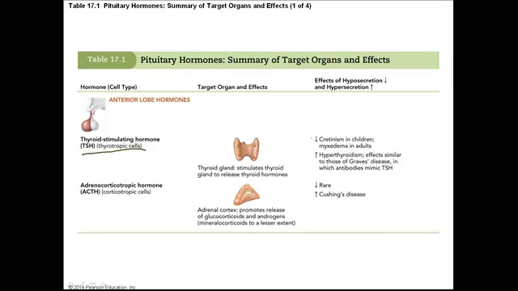So if you have too much, I don't know why they showed the back of the gland. Okay, so thyroid is basically to tell your cells, basically muscle cells, to increase metabolism.